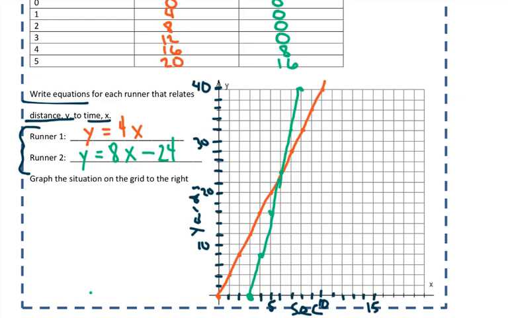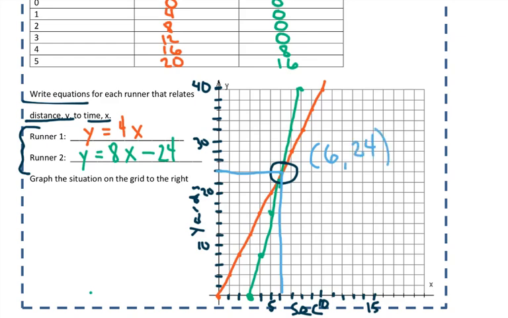Let's take a look at this point here and talk about what it represents. So in this case, we're talking about 2 runners. Runner 1 is the orange and runner 2 is the green. Runner 1 and runner 2, those lines intersect at the values 6, 24. So the values 6, 24 are where they intersect.